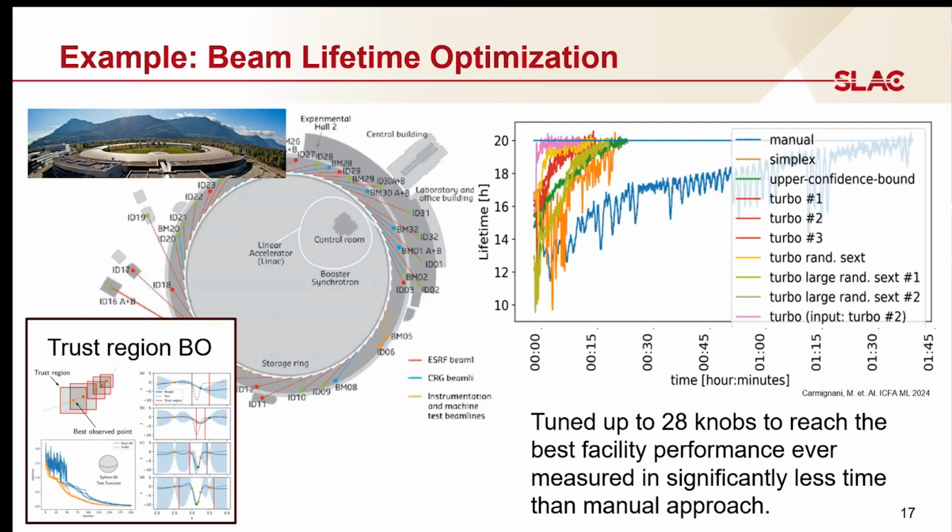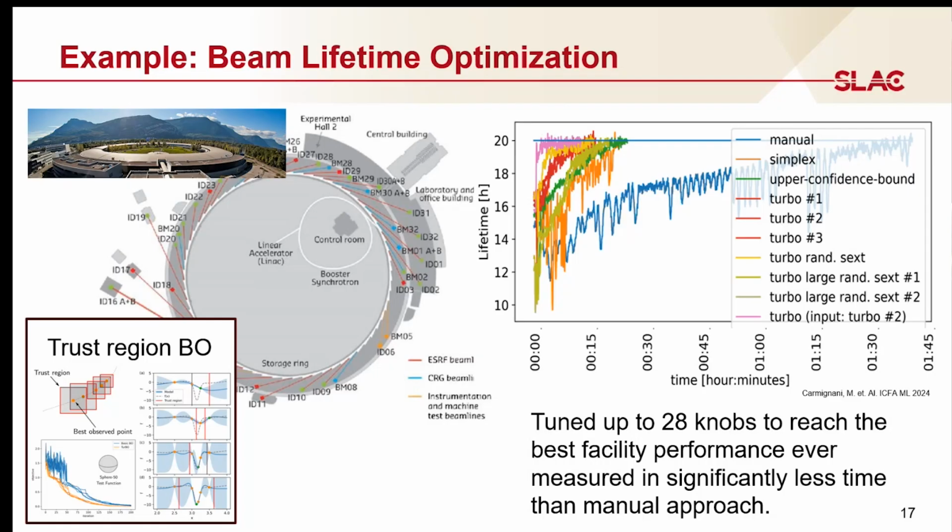In terms of optimization, especially in higher dimensional spaces, we have this example from the European Synchrotron Radiation Facility in France, where they have 28 magnet parameters that they needed to optimize in order to maximize the amount of time that the beam exists in the storage ring.